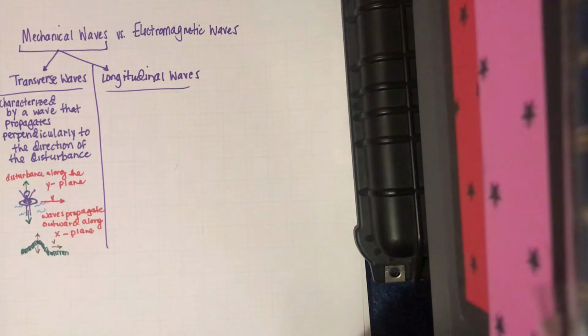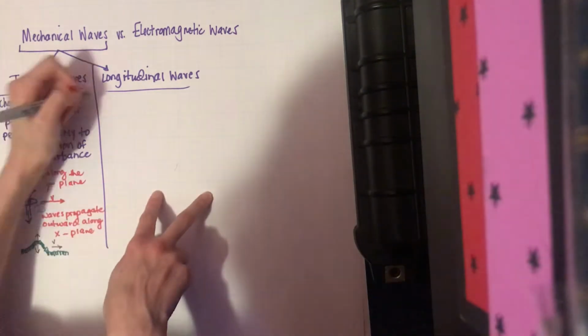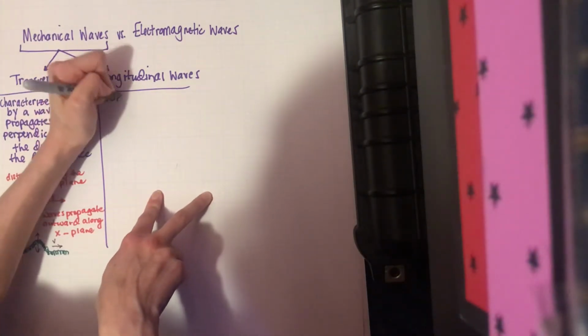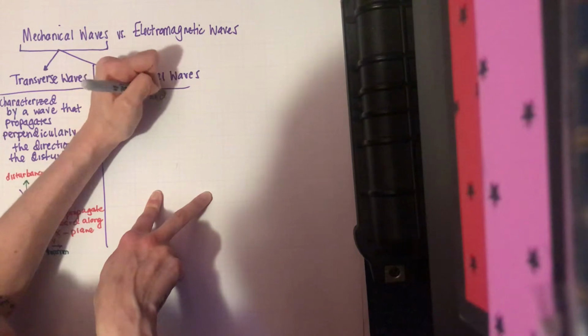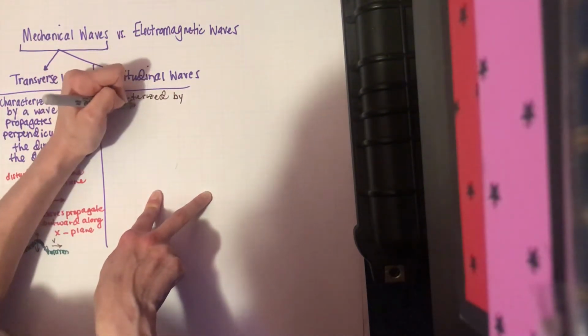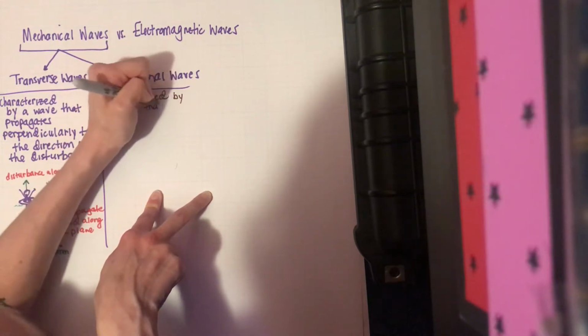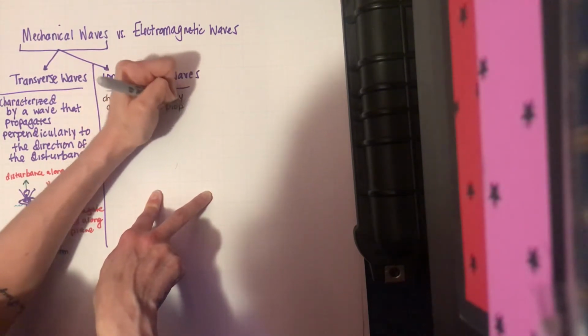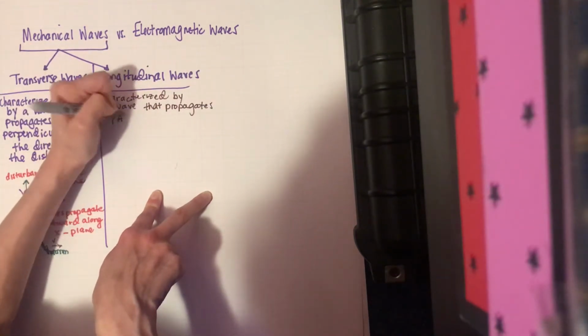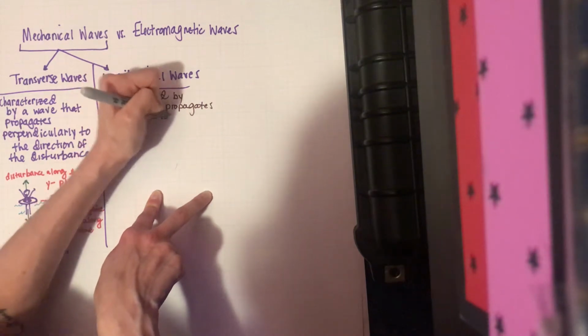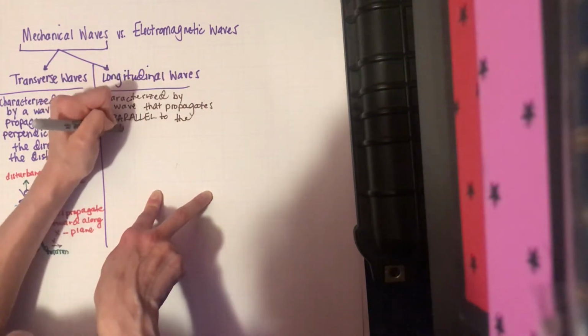Longitudinal waves, on the other hand, are characterized by a wave that propagates parallel to the disturbance.